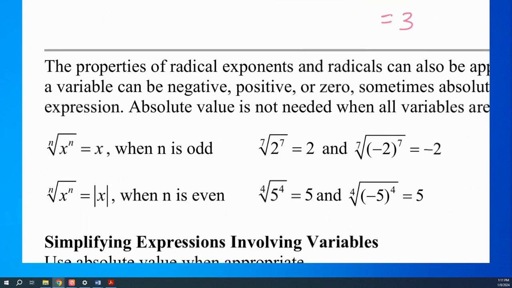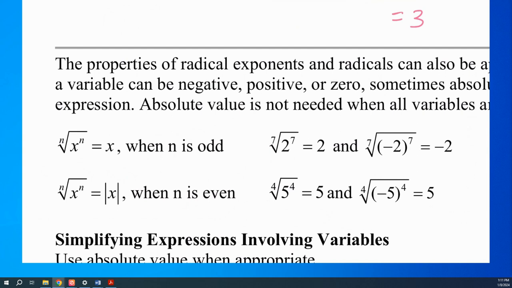Okay, do you guys remember earlier, like last class, when I said we can take the odd root of a negative number, right? Yes? Like I could take the cube root of a negative 125, but I can't take the square root of a negative 25, right? So that similar property applies here.